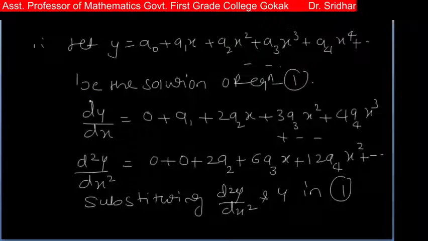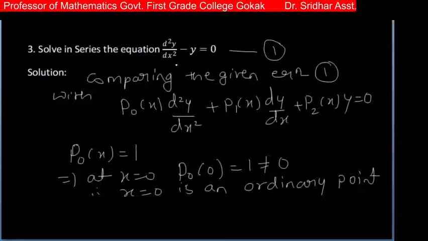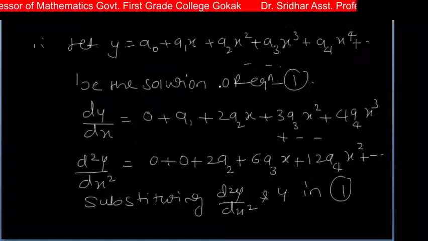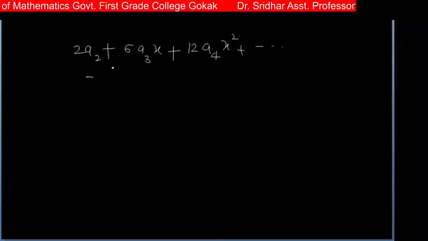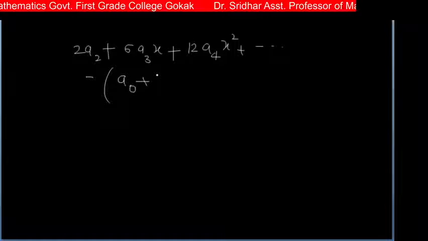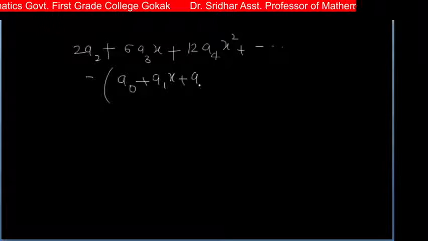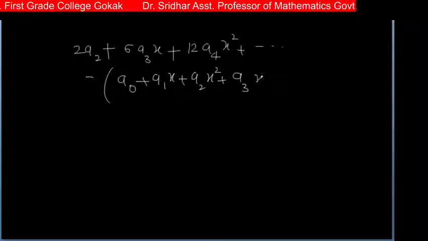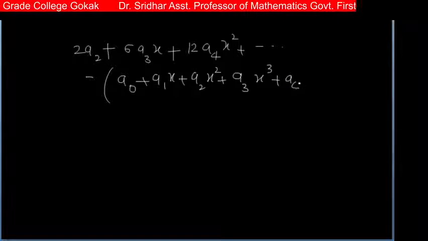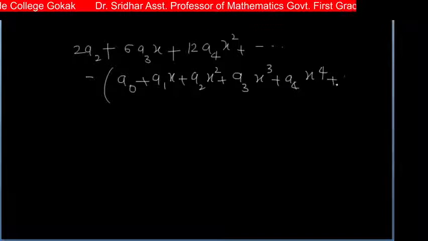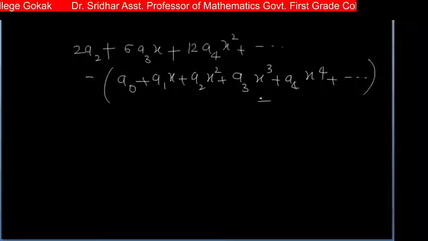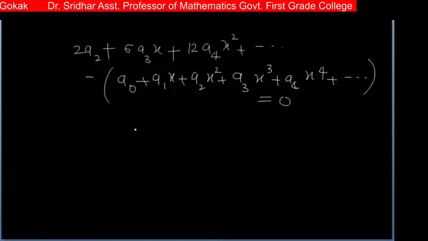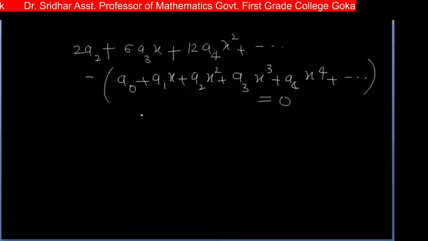Okay, and next is what? Minus y. Okay, minus y means a0 plus a1x plus a2x square plus a3x cube plus a4x raised to 4 and so on equal to 0.